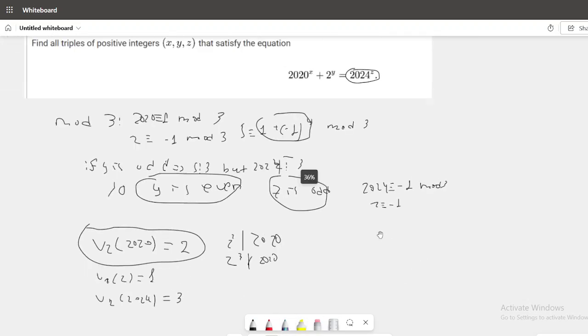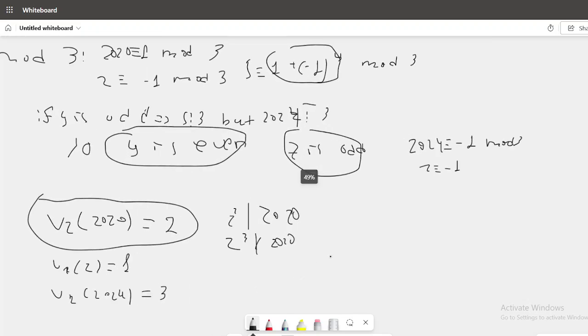And why does that help exactly? One of the properties of the V2 function is that for every prime, V2 of x to the power of y is y times V2 of x.